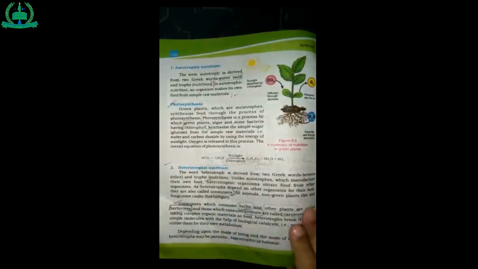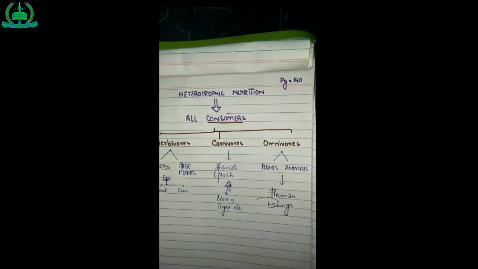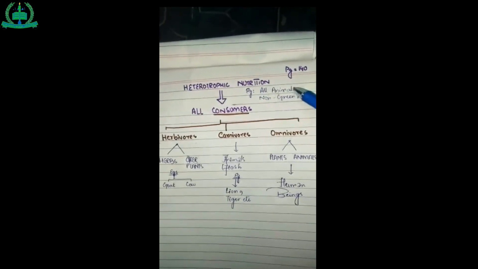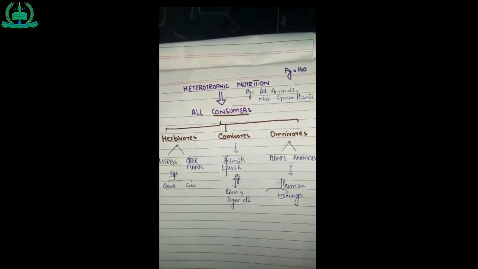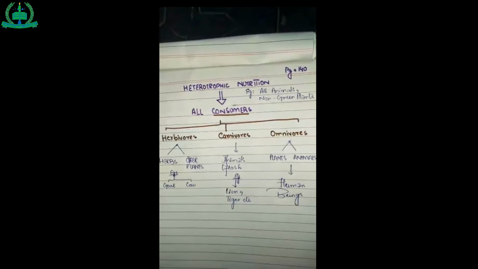All the consumers are heterotrophs, right? Now we are going to consider this flow chart again, and this is very helpful in learning. In heterotrophic nutrition, the examples can be all the animals and all the non-green plants. Green plants are capable of making their own food by the process of photosynthesis.